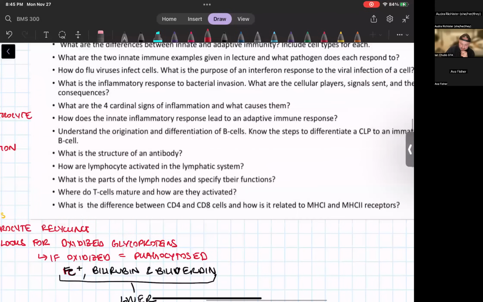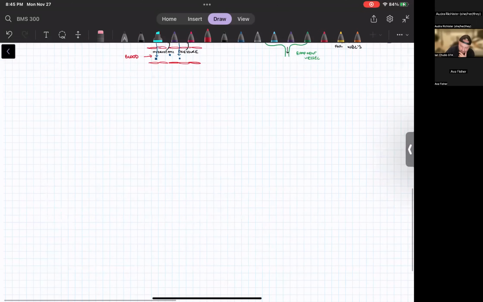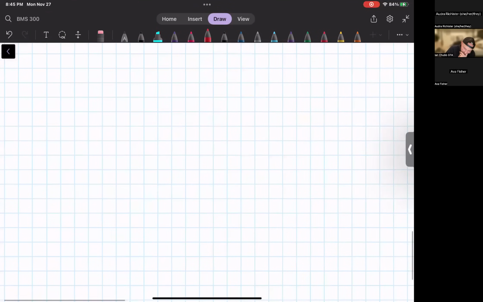Okay, so let's do a quick flow chart because I love a good flow chart. So we're looking at innate versus adaptive. I'm going to add a few bullet points, then we'll put the cells. So the innate immune response is quick acting, while the adaptive is going to be slow.